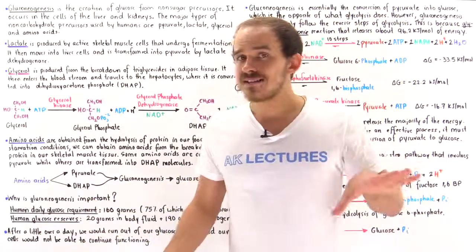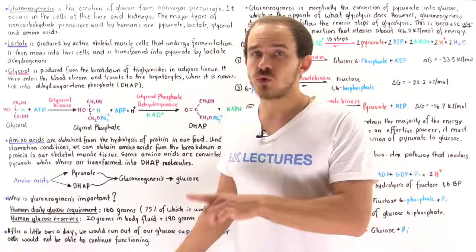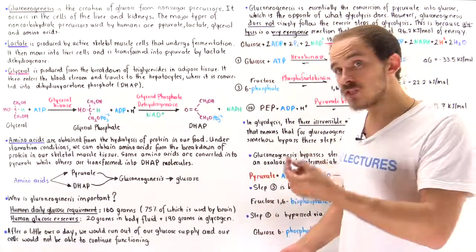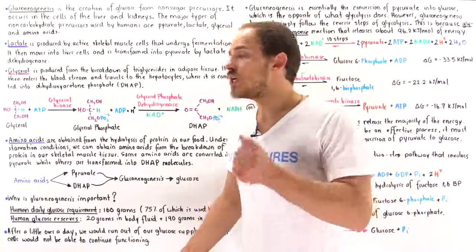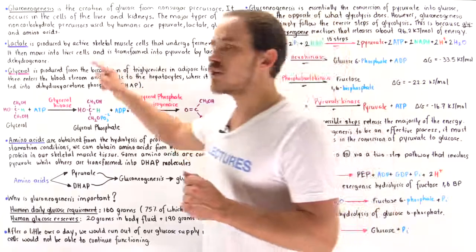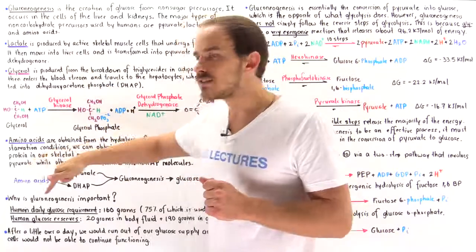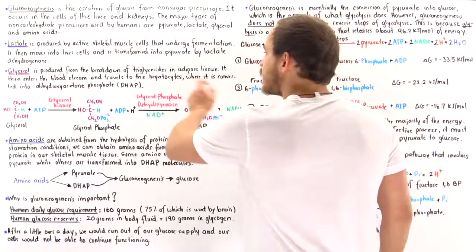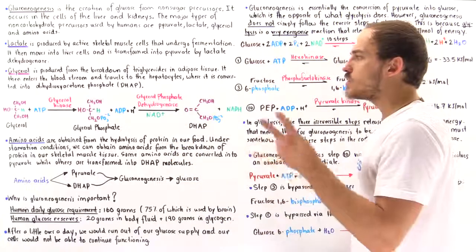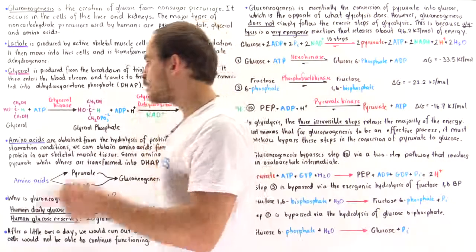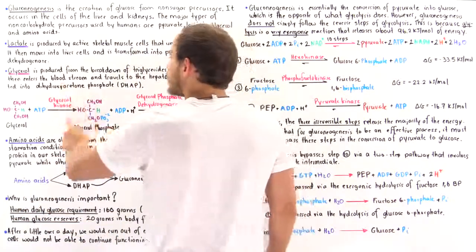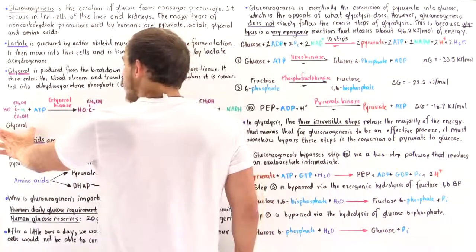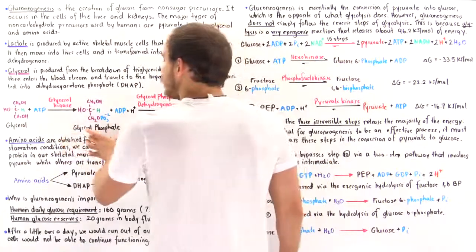Now, fatty acids cannot actually be used to form glucose molecules, and we'll discuss why in a future lecture. But the glycerol molecules can be used to form the glucose, and so the glycerol basically makes its way into the blood plasma and travels to our liver cells, and once inside these hepatocytes, they undergo a two-step process. The first step is catalyzed by glycerol kinase, and we use an ATP molecule, and so we transform glycerol into glycerol phosphate.